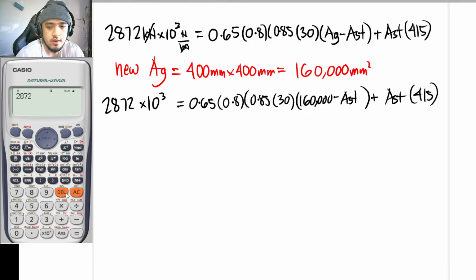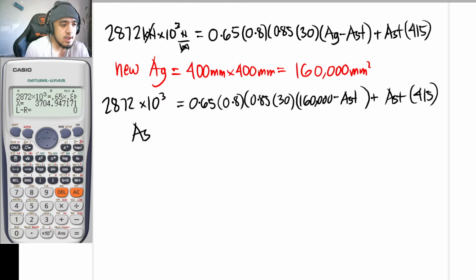So 2872 times 10 raised to 3 equals 0.65 times 0.8 times 0.85 times 30 times 160,000 minus AST plus AST times 415. Shift solve, my answer here is to be 3,704.